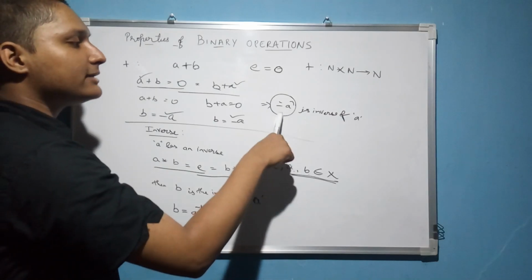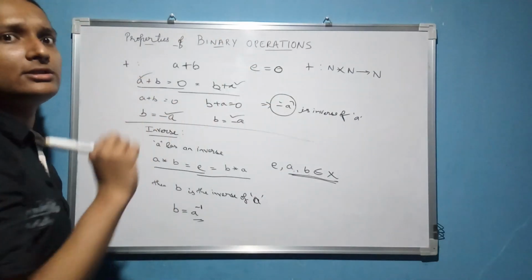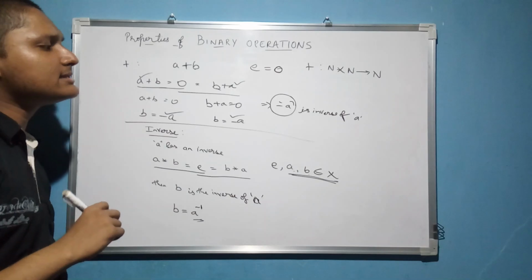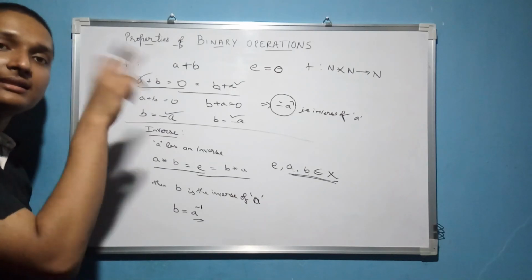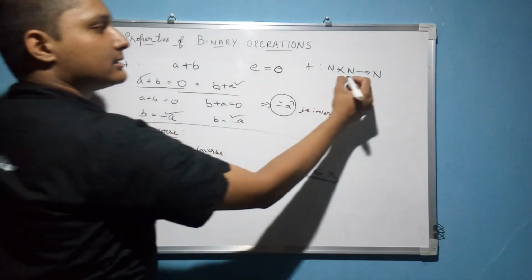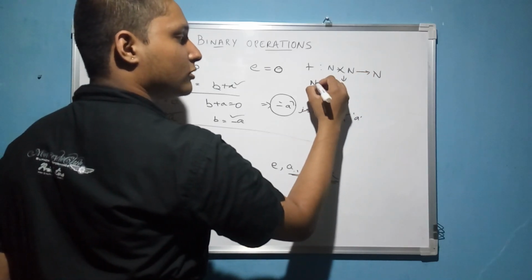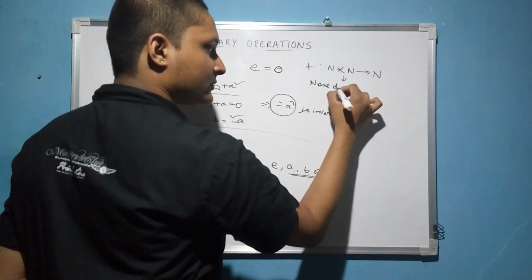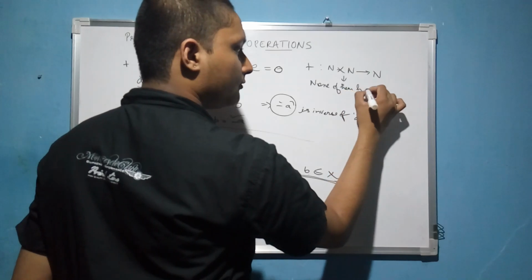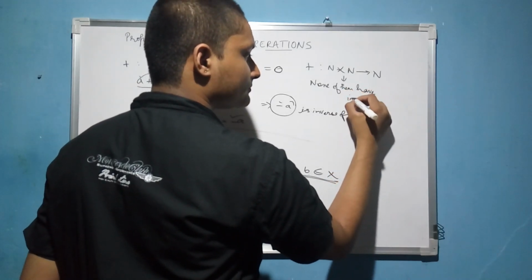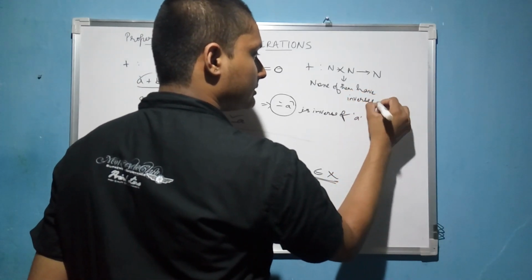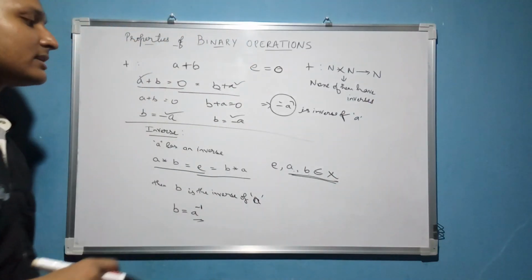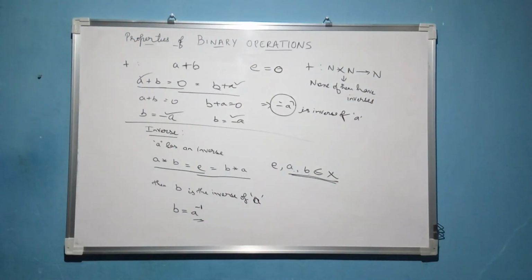So you find that minus A is not belonging to that set. So you can tell that A doesn't have an inverse in that case. None of them have inverses. That's what to find out. Okay? That's it.